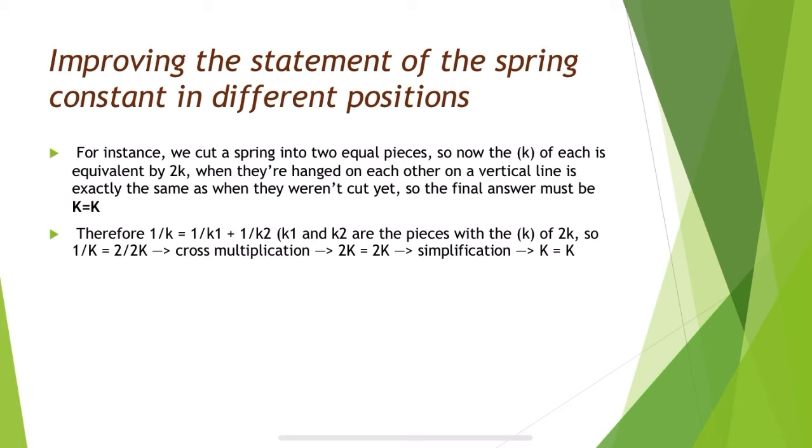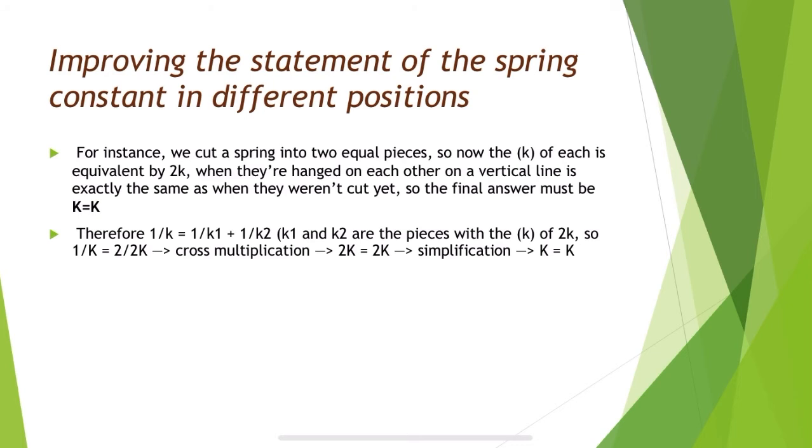So now the spring constant of each is equivalent to 2K, as we talked about in the last slides: when the length is halved, the spring constant of each tiny piece will be doubled. So 2K for each. When they are hung on each other on a vertical line, not placed beside each other on a parallel line, it's exactly the same as when they weren't cut yet.